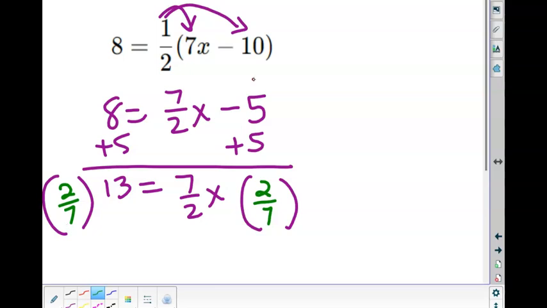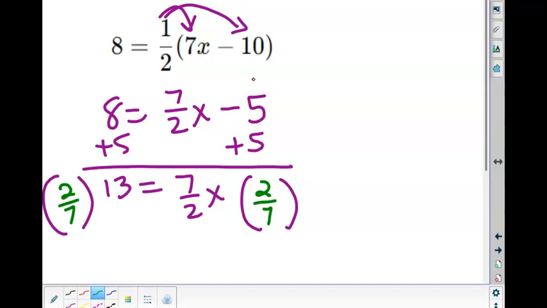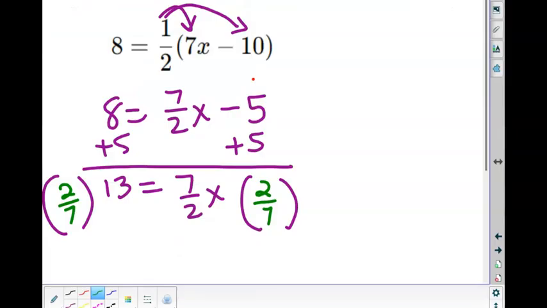And when you open your calculator, you can simply type 2/7 times 13. So we're going to write 2/7, and then outside of the fraction times 13. And that gives us 26/7.